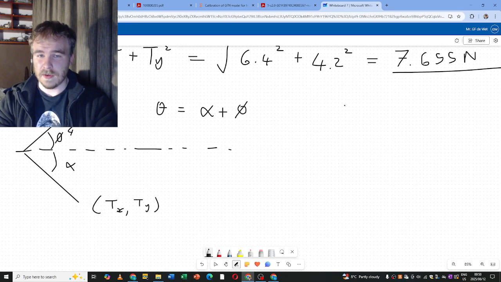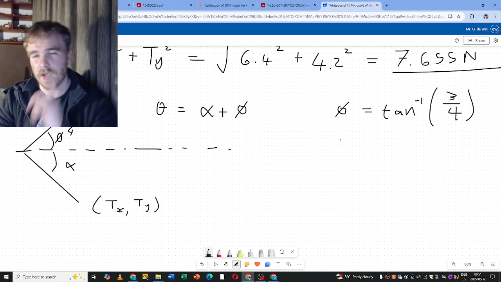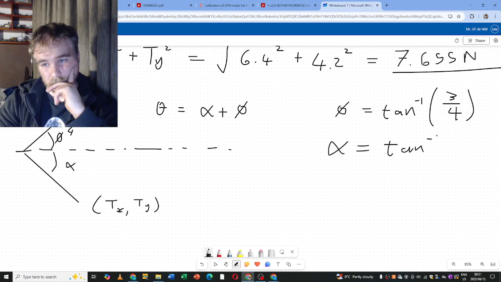Okay, and theta is relatively simple to calculate. That's going to be arctan of the y component over the x component, so that's 3 over 4. And then we also have alpha, and alpha, the angle, is going to be arctan of Ty over Tx.